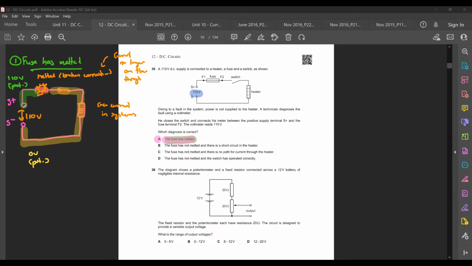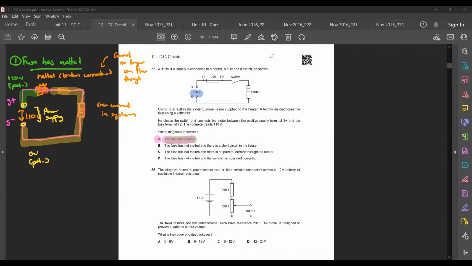Okay, but I have a power supply here whose PD is 110 volts. So the difference between these 2 points must be 110. So I can say that the green section that I just highlighted would be having a potential of 110 volts, but the yellow section will be having a potential of 0 volts, so that the difference between these 2 points is going to give me 110 volts.